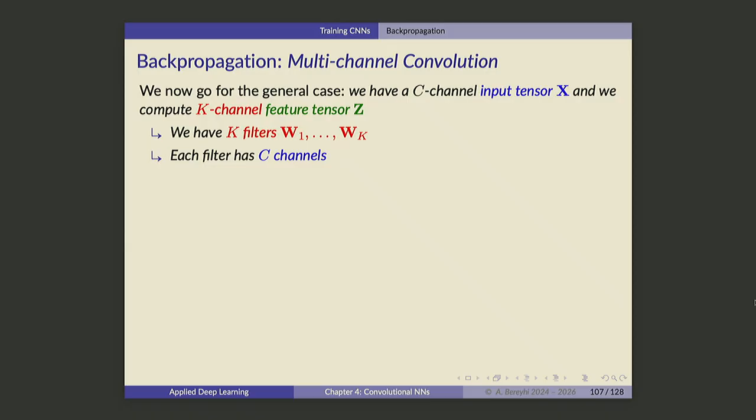Now, when you are going forward, you have C-channel filters. You do the convolution, you get k different channels. Now you want to get back from this k-channel tensor into a C-channel input. How can you do it using a convolution? How many filters do you need to convolve with z, with this gradient?